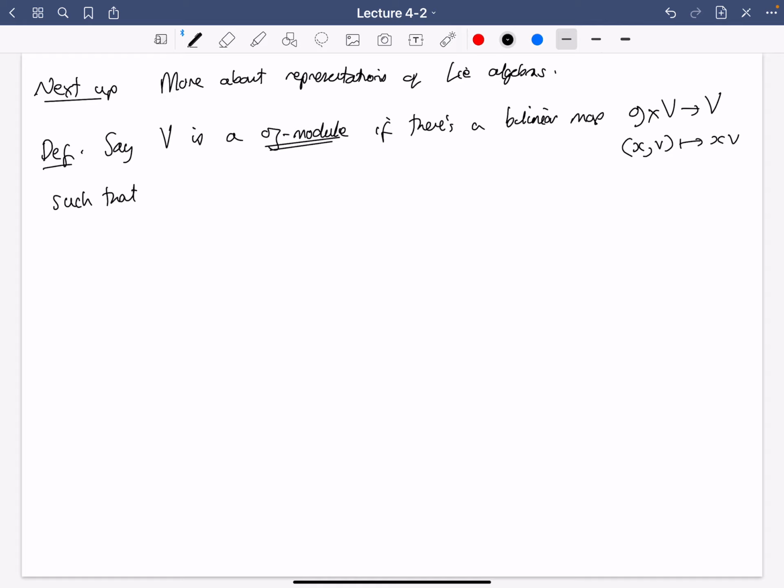There's one axiom that I want this bilinear map to have: if I take a vector and act with a y and then act with an x, or I act the other way, first with x and then with y, that's got to be the same as acting with the Lie bracket xy on V. That's the only axiom that I need for a module.